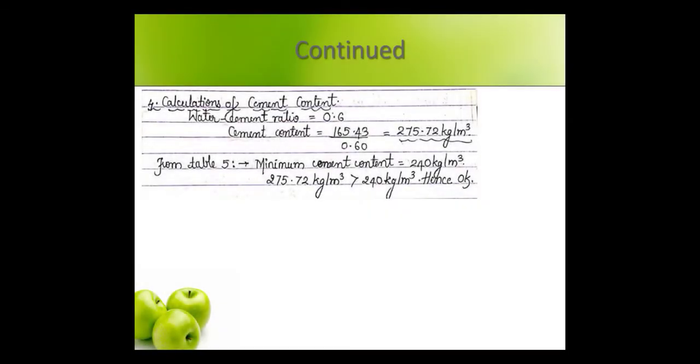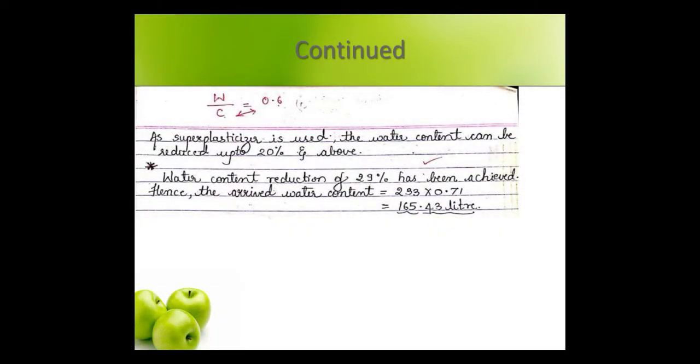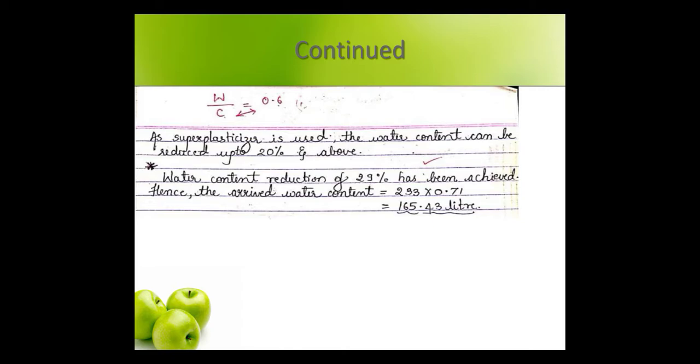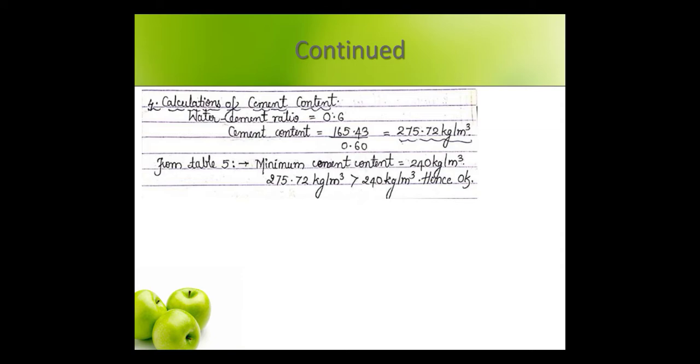Next, the fourth one is calculation of cement content. Already we have found the water cement ratio. So cement content will be equal to the water content, which we have already found after using superplasticizer, divided by the water cement ratio.